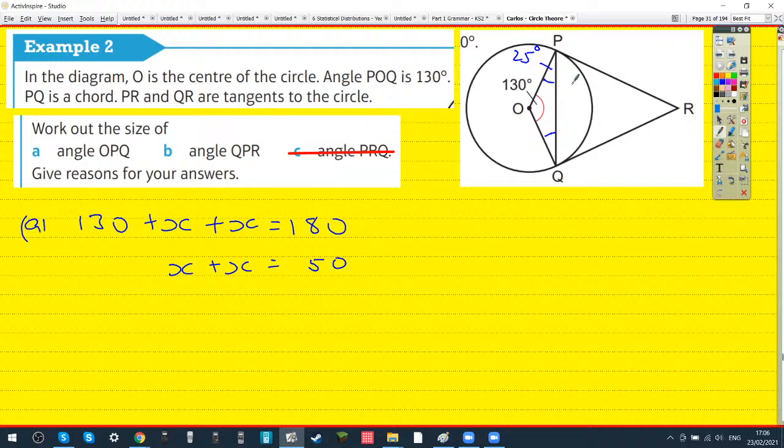Any idea about the angle on the other side of it? This red angle. Is it 100?